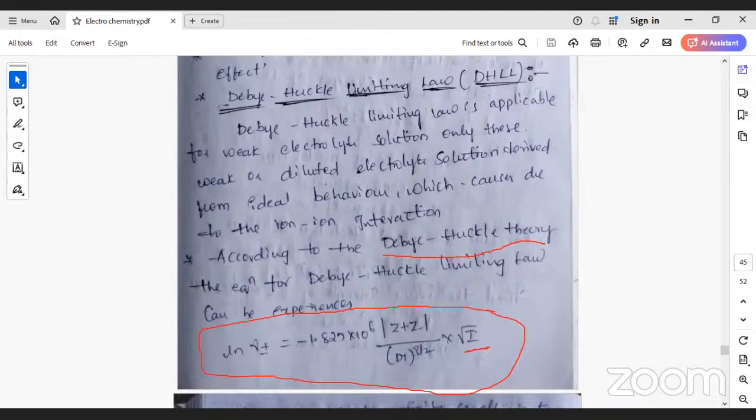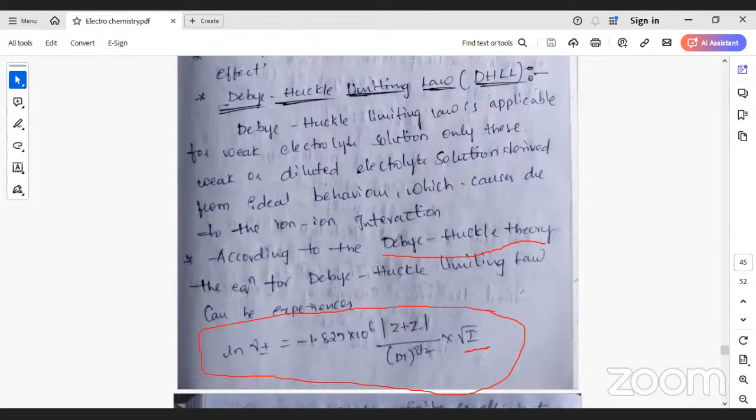Even in the syllabus, it is mentioned that there is no derivation for the Debye-Huckel theory, though the Debye-Huckel-Onsager derivation will be there. So derivation is no need; we have to remember this equation.